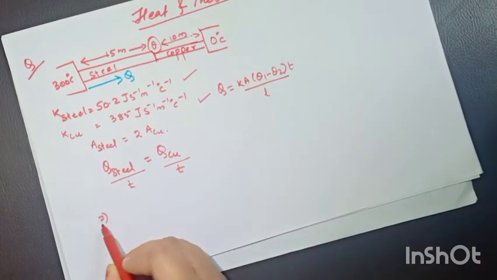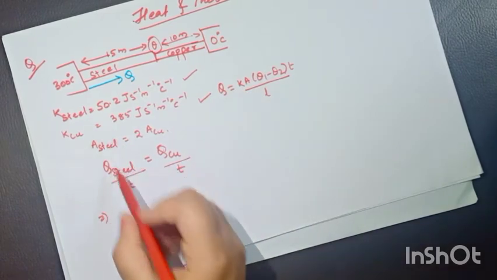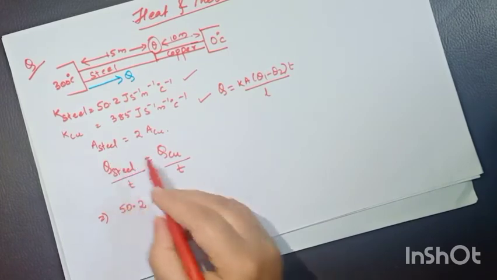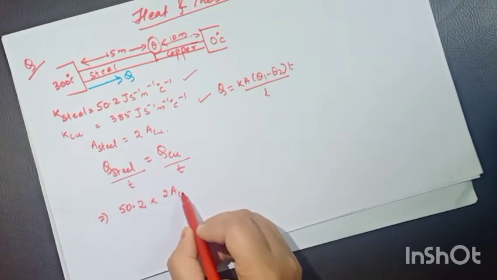If I equate both of them, instead of K for steel I can put 50.2, and instead of area of steel I can put twice the area of copper.